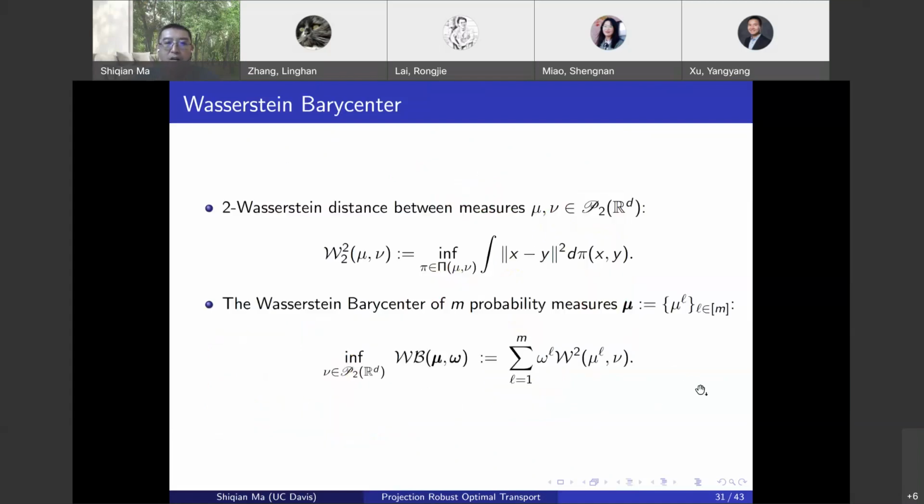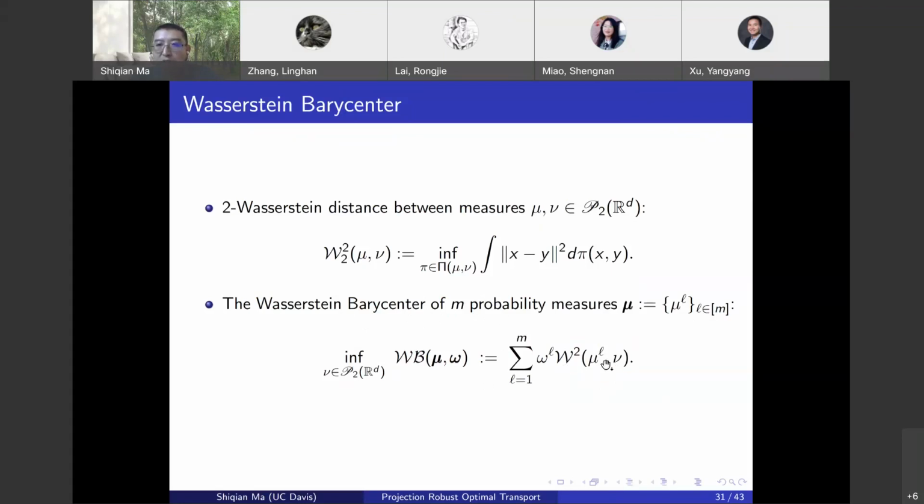Okay, so let's look at the definition of this Wasserstein-Barycenter. How do we mathematically define it? Suppose you're given m probability measures, mu1, mu2 up to mu m. You want to find another probability measure denoted by nu, and that's actually the Wasserstein-Barycenter.